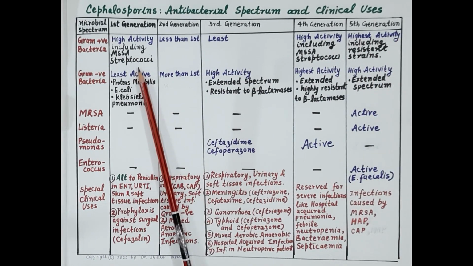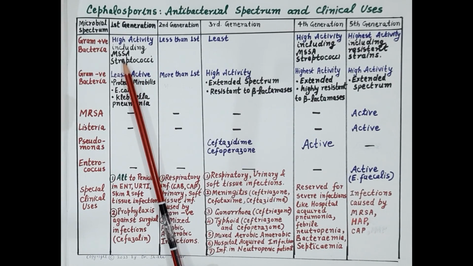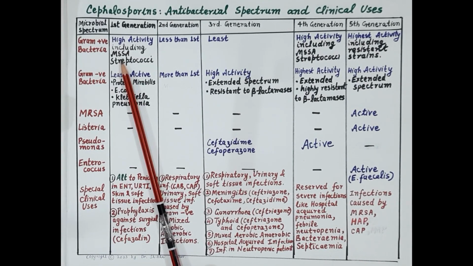Now, first generation cephalosporins exhibit high activity against gram-positive bacteria, primarily staphylococci and streptococci. Now, very important to understand that 90% of staphylococci produce beta-lactamase. Now this beta-lactamase breaks the beta-lactam ring.